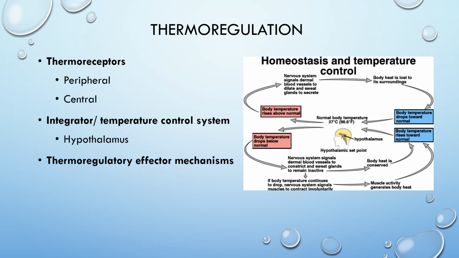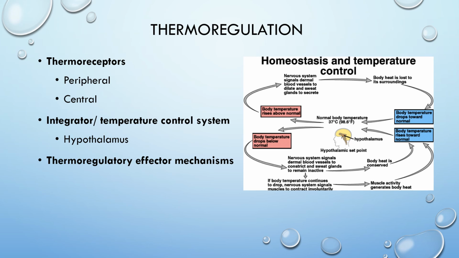So there are three important components involved in thermoregulation. The first one is the thermoreceptors. We have two different types of thermoreceptors, located either peripherally or centrally in the hypothalamus. These thermoreceptors will detect any changes in order to maintain homeostasis of the body temperature.